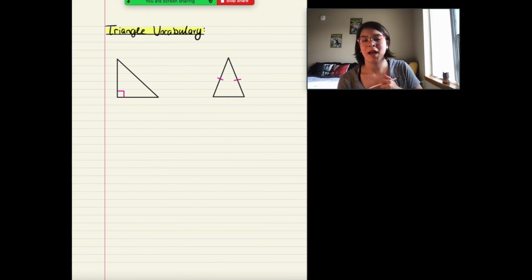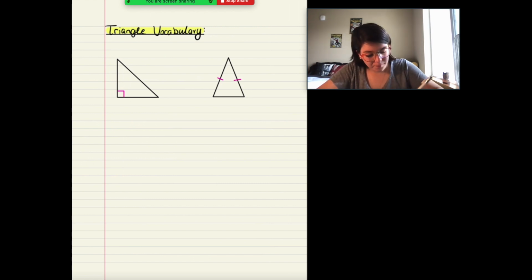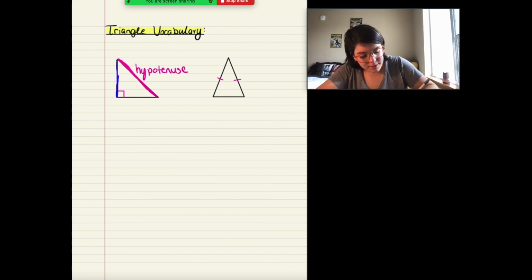So a little bit of vocabulary with our triangles. If we're talking about a right triangle, like in this first one, since we have one right angle, what we can do is call the side across from the right angle the hypotenuse. And then our other sides, the ones that are not our hypotenuse, we refer to as our legs.